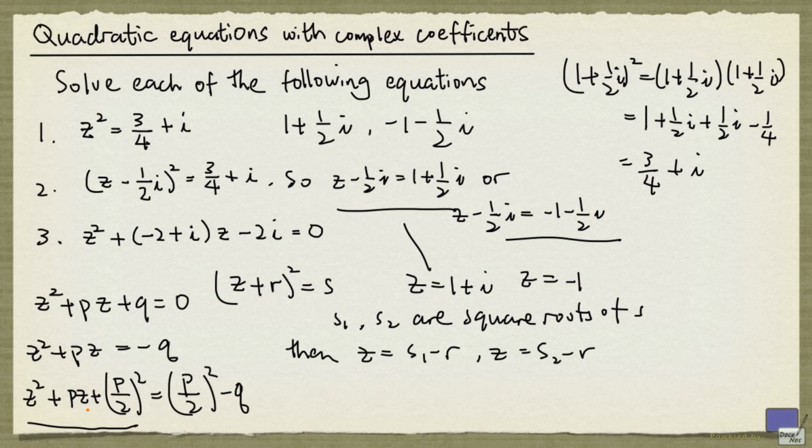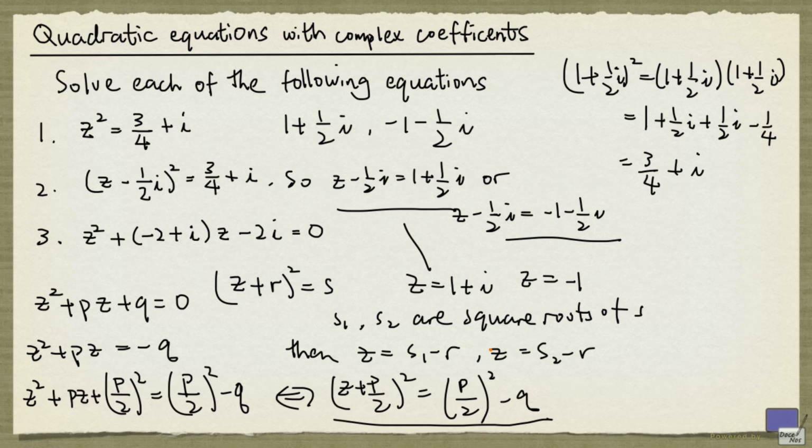And doing so will turn the left hand side into (z plus p over 2) all squared. And the right hand side again is simply (p over 2) squared minus q. And now this equation is in this form. And so we can take the square root of the right hand side. Once we have the square roots, we can solve for z.